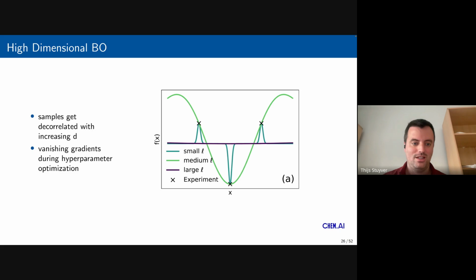Okay. And so that's sort of what we wanted to demonstrate with these plots. What you see here is the fitting of your Gaussian process to 3 experiments that have been run.